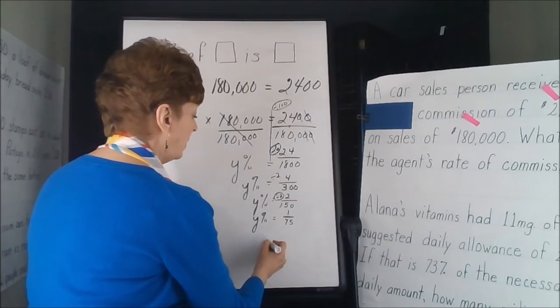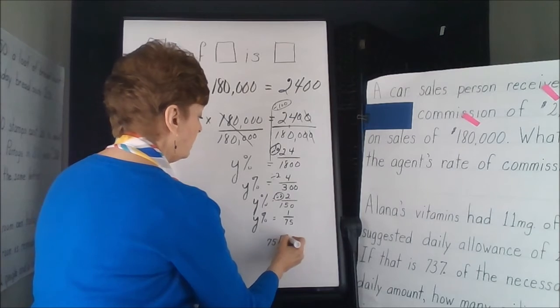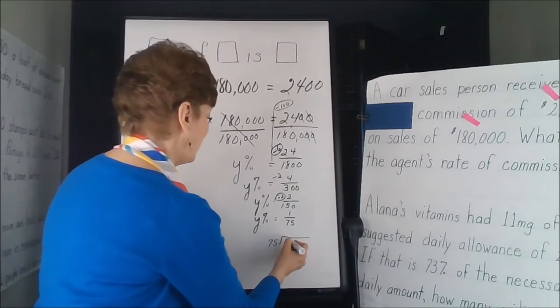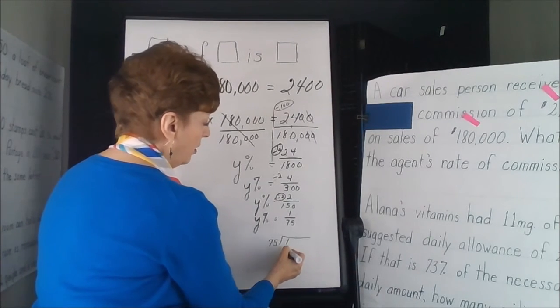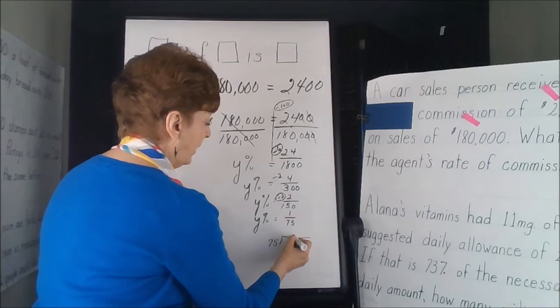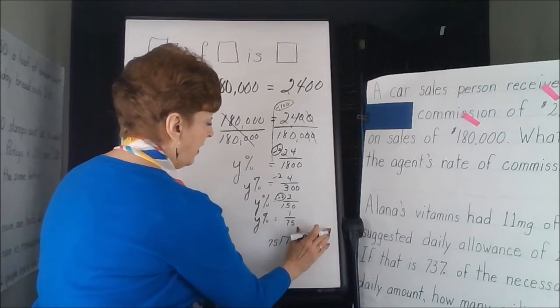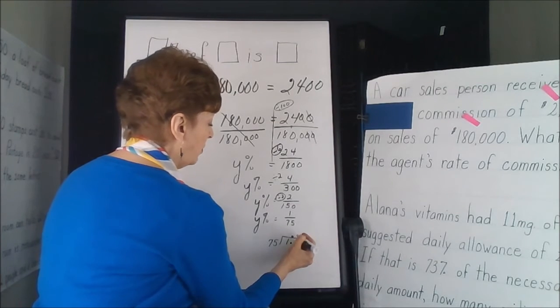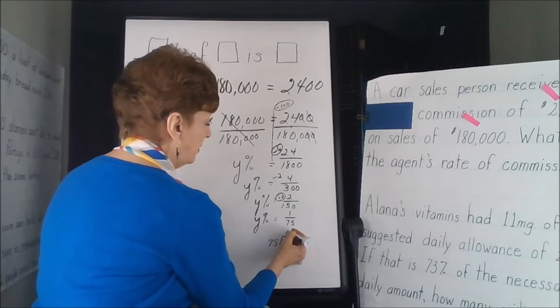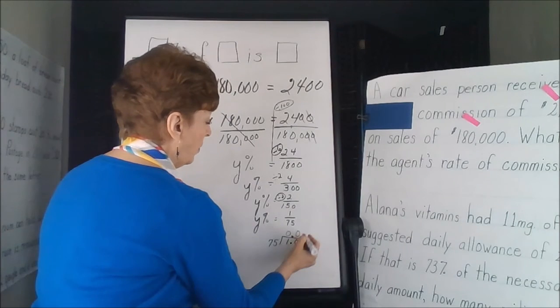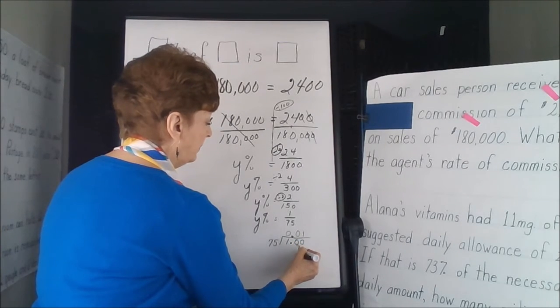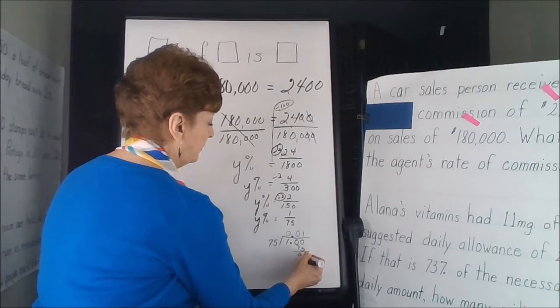So now let's just do our division. We have to put a decimal point into the answer and a couple of zeros on here. 75 doesn't go into 1. It doesn't go into 10. It goes into 100 one time. Let's put another 0 on.